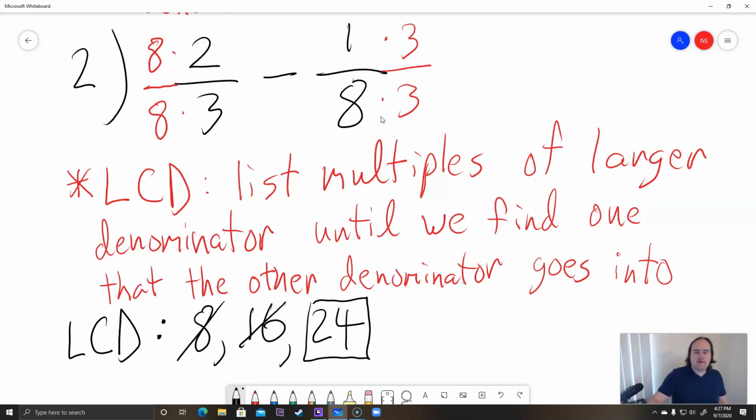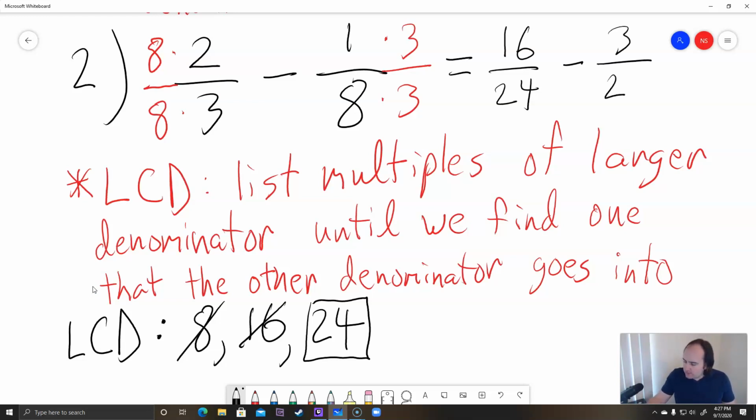Okay, and after we do all that, then for our first fraction, we have 8 times 2 is 16 over 24. And then for the second fraction, we have negative 1 times 3 is 3 over 24. So we actually have 16 over 24 minus 3 over 24. Okay?